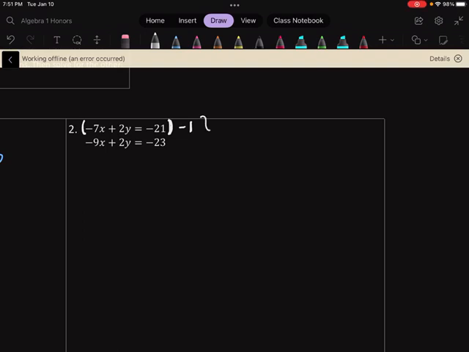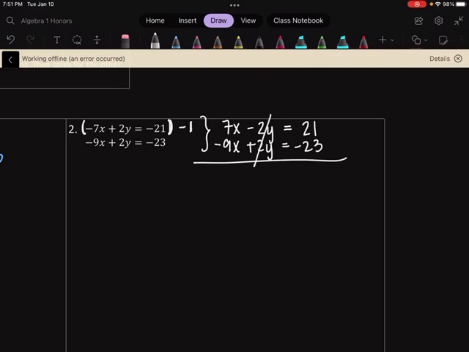So what we get from there is 7x minus 2y is equal to positive 21. And then I'll just rewrite the next one as it was. So those y's are going to cancel out.